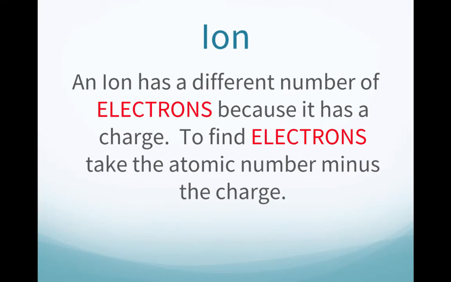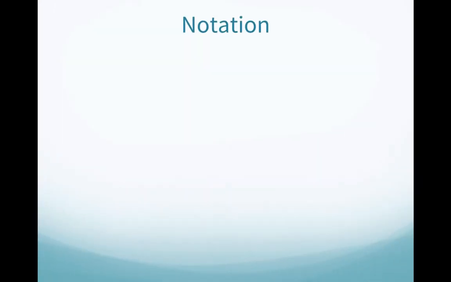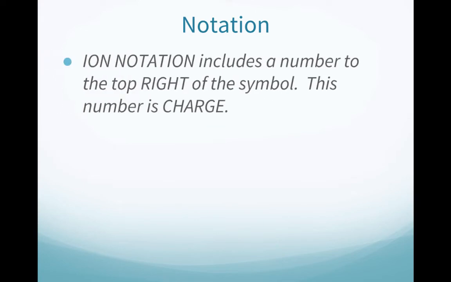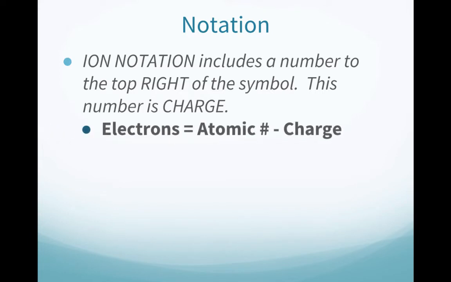An ion has a different number of electrons because it has a charge. So to find the number of electrons, you're going to take the atomic number minus the charge. As far as notation is concerned, ion notation actually includes a number on the top right of the symbol. This is the charge.